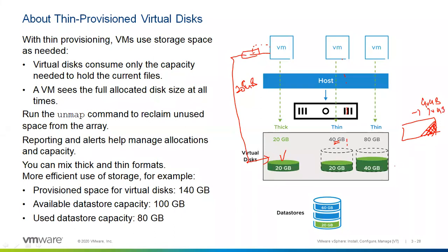Then it means that if my data store size is 100 GB, and out of that 40 GB is created as a thin disk, it will not actually subtract 40 GB, it will only subtract the actual used amount. So a thin disk always creates the logical block or the particular disk, but it will not immediately zero out all the space.